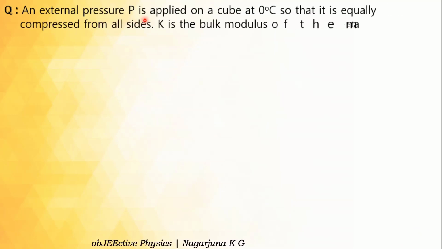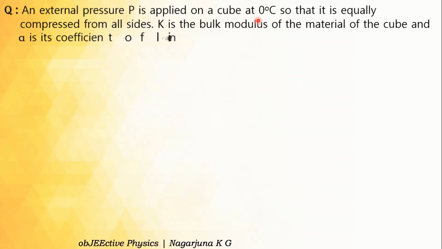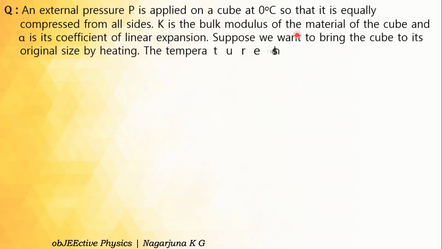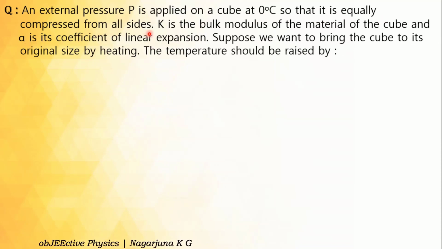An external pressure P is applied on a cube at 0 degree Celsius so that it is equally compressed from all sides. K is the bulk modulus of the material of the cube and alpha is its coefficient of linear expansion. Suppose we want to bring the cube to its original size by heating.